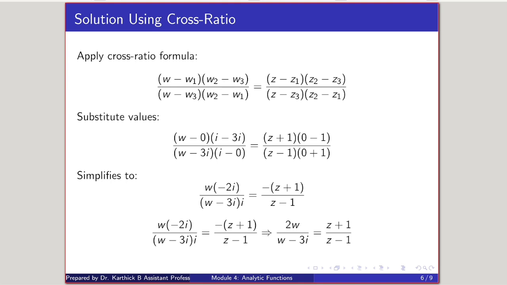Here I multiply w inside, and i gets cancelled, so 2w, and the minus signs cancel, leaving z plus 1 and z minus 1.